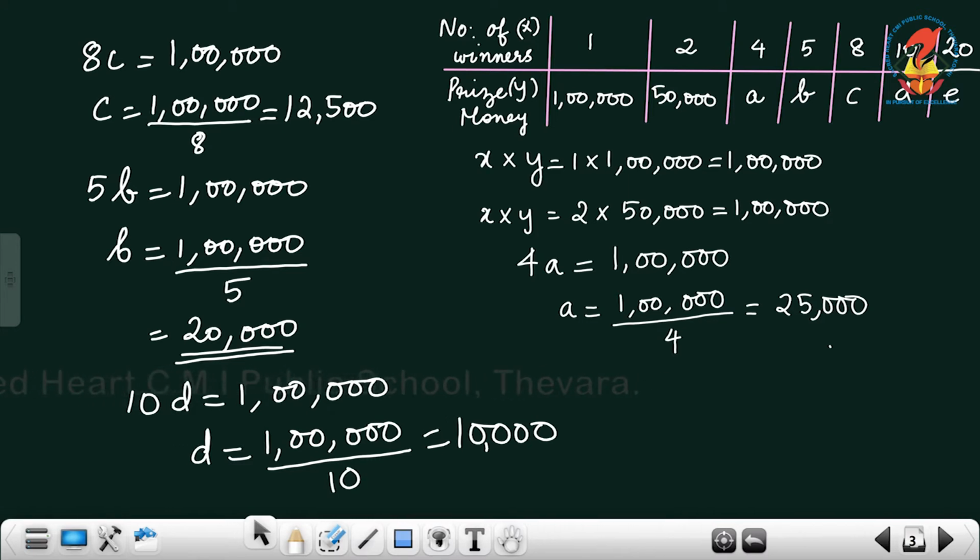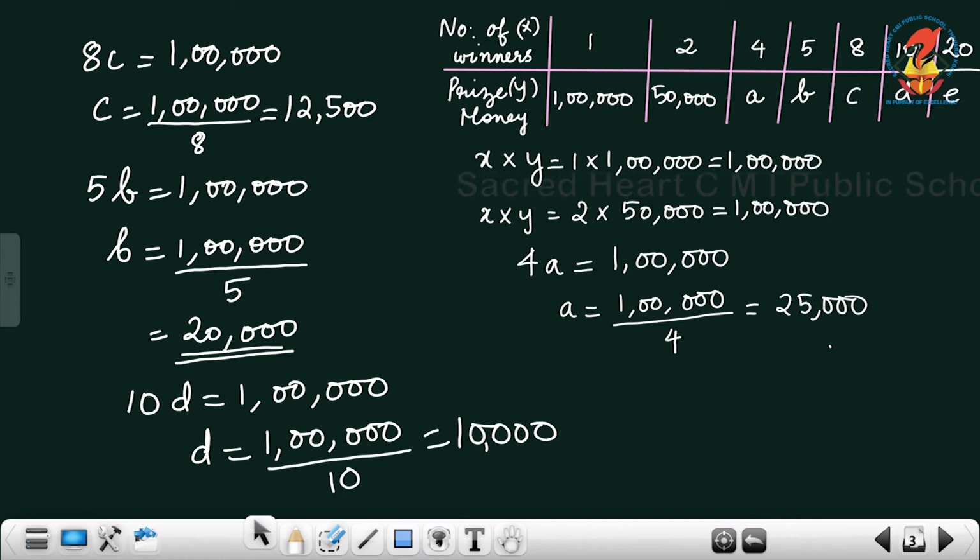Right? So when you get a question, read the question properly. Understand the question. See whether it is a direct proportion or it is given in inverse proportion. What was direct proportion? When one quantity increases, the other quantity also increases. Or if one quantity decreases, the other quantity will also decrease simultaneously.